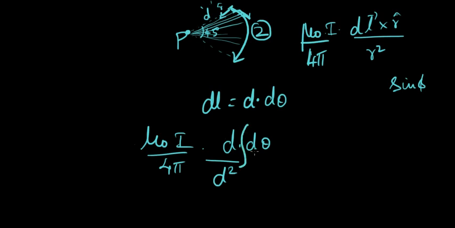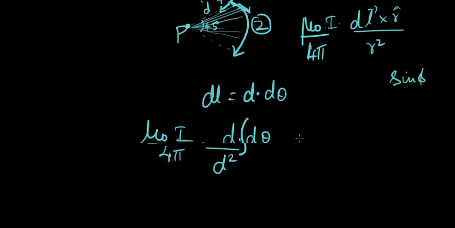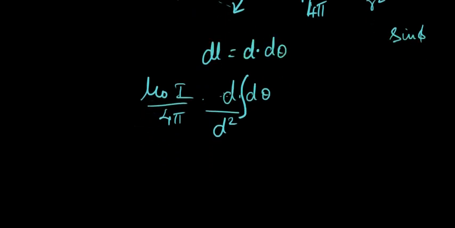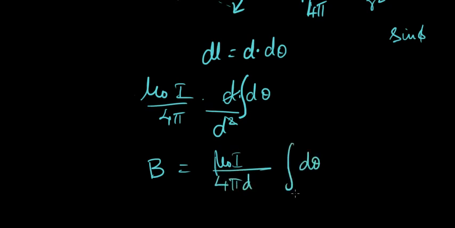Everything else remains constant, just the theta is going to change, right? So it's going to go from 0 to pi over 4 radians. 45 degrees is pi over 4 radians, right? This now looks like this. B equals mu naught I over 4 pi d, integral of d theta, theta going from 0 to pi by 4.